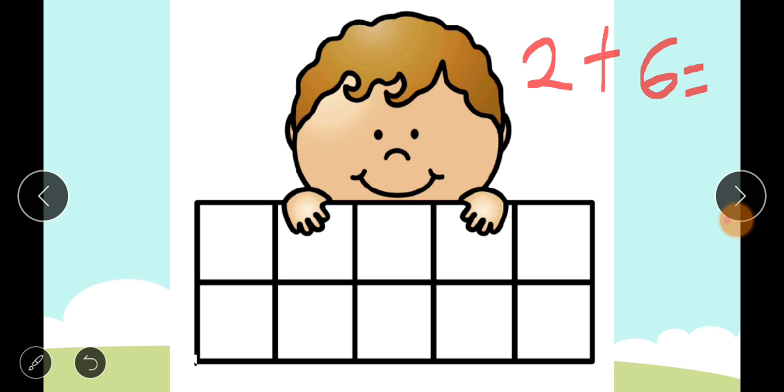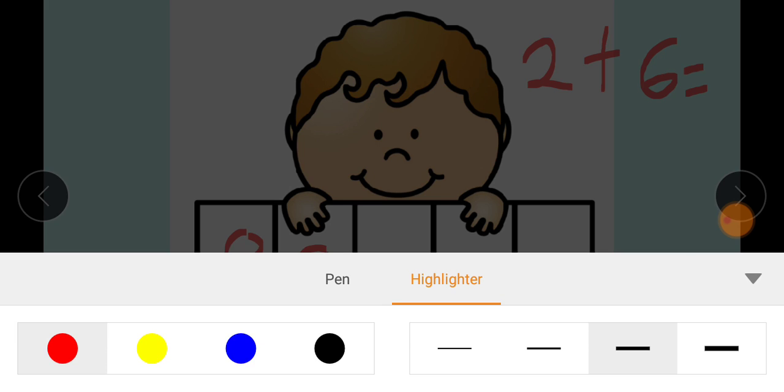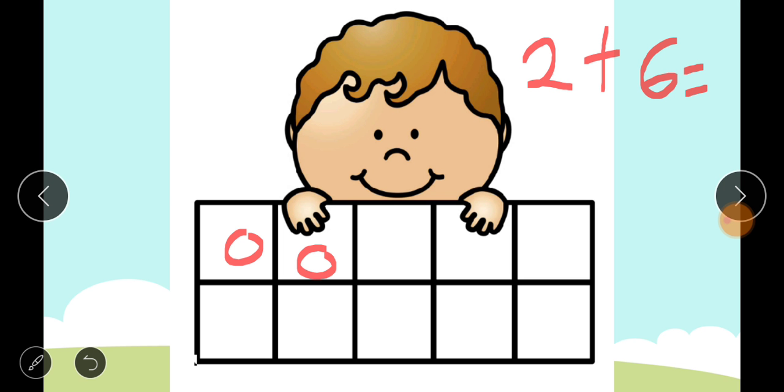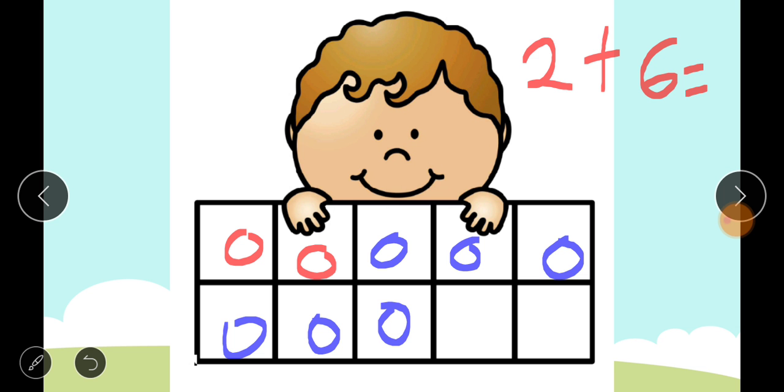How many balls did he get in all? Okay, so let's go. He got 2 balls from his dad. Pick another color. He got 6 small balls from his uncle. So how many balls does he have in all? How many? Very fast. You should know this now.